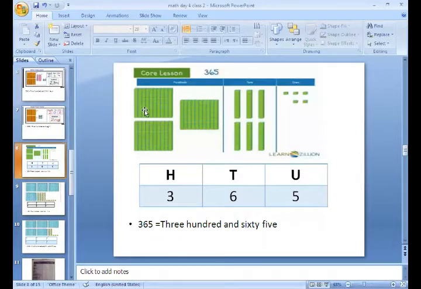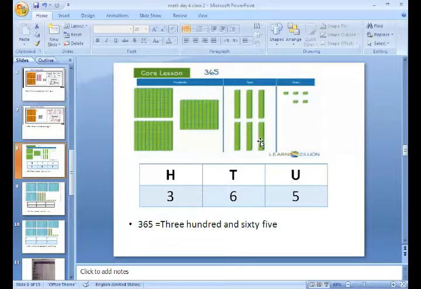Now you will observe how many blocks of hundreds, how many blocks of tens and how many blocks of ones there are. So there are 1, 2, 3 blocks of hundreds. So you will write 3 at the 100 place. Then you will count how many blocks of tens. These rods show blocks of 10. So you will count how many blocks of tens there are: 1, 2, 3, 4, 5, 6.